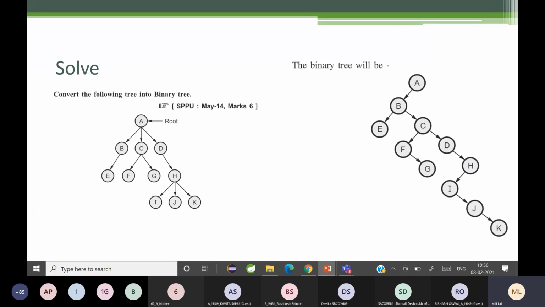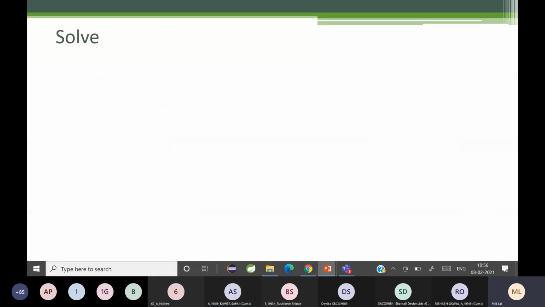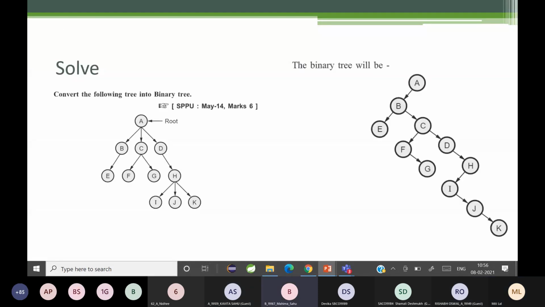Okay, fine. Rest till D, is it clear to everybody? Don't take the sub part of that tree from H. Till D, everybody got it clear? Yes, ma'am. Ma'am, I think G's right child will be H. Not D's.